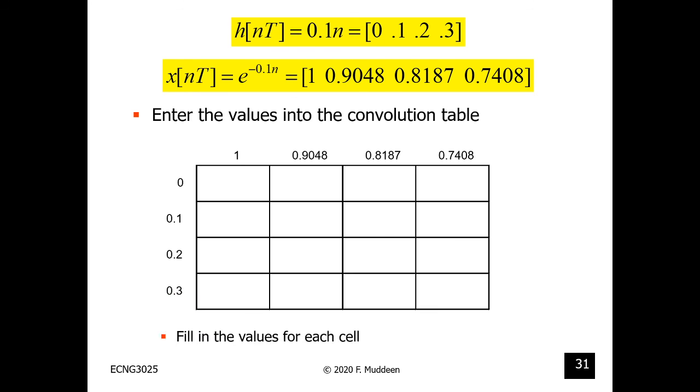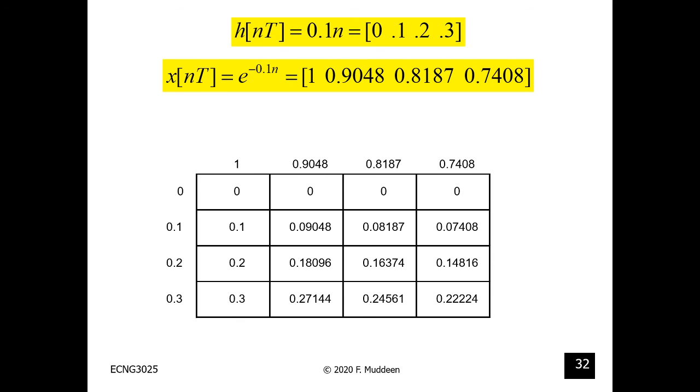We then fill in the values for each of these cells, watching where the overlap occurs. So 0 by 1 is 0, 0 by 0.9 is 0, so this entire row goes 0. Then we have 0.1 by 1, we have 0.1, 0.1 by 0.9048 will give us a value here, and so forth. So the completed table will look like this. We then sum across the anti-diagonals to get our y of n signal.